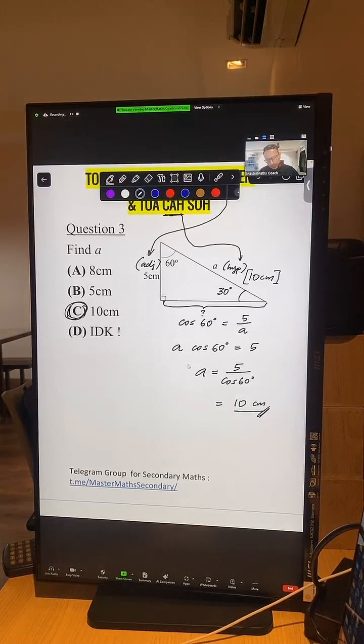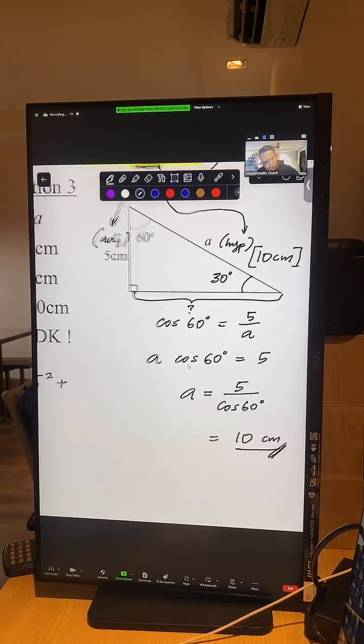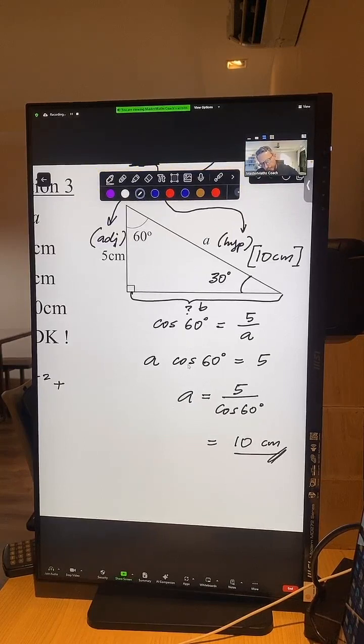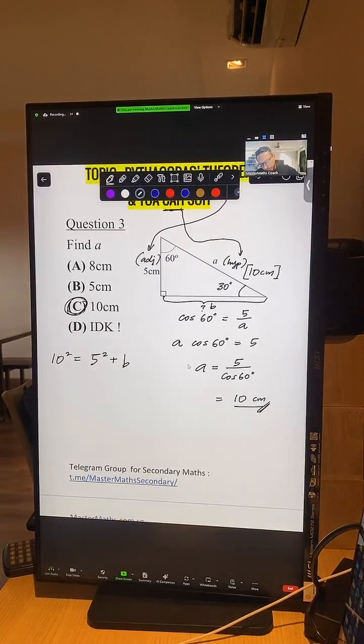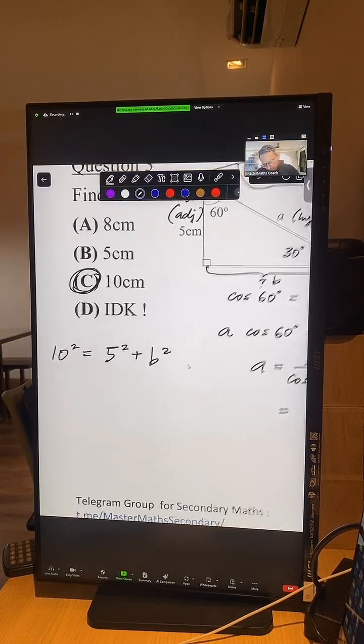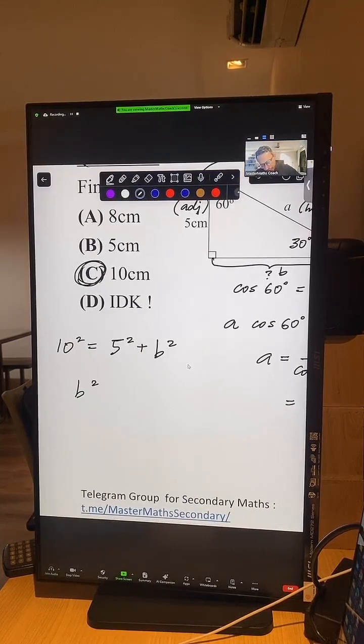If you use your Pythagoras Theorem, that means you say that 10 square equals 5 square plus, let's call this B. B square. So we're trying to solve for B. If I want to find my B square, I need to take 10 square minus 5 square. 10 square is 100, 5 square is 25.